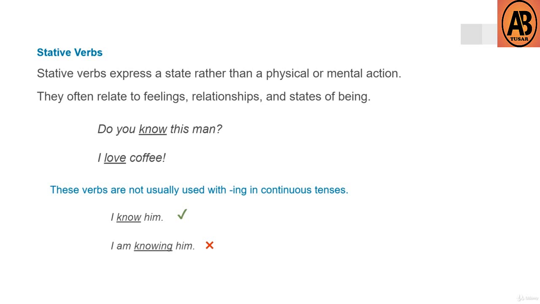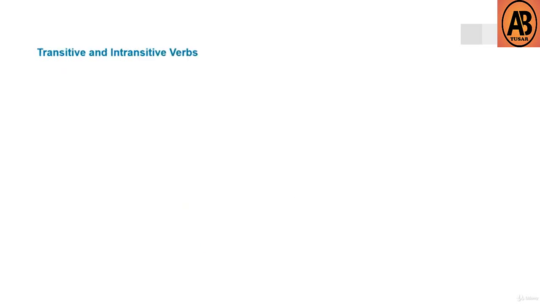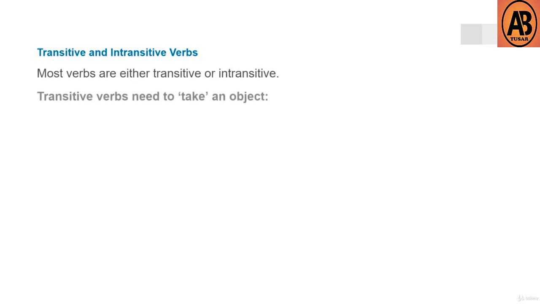English verbs can either be transitive or intransitive, and sometimes both. Transitive verbs need to take an object. This means that when you have a transitive verb in a sentence, there must also be an object. For example, the verb keep. It needs to be connected to an object, like in this example.